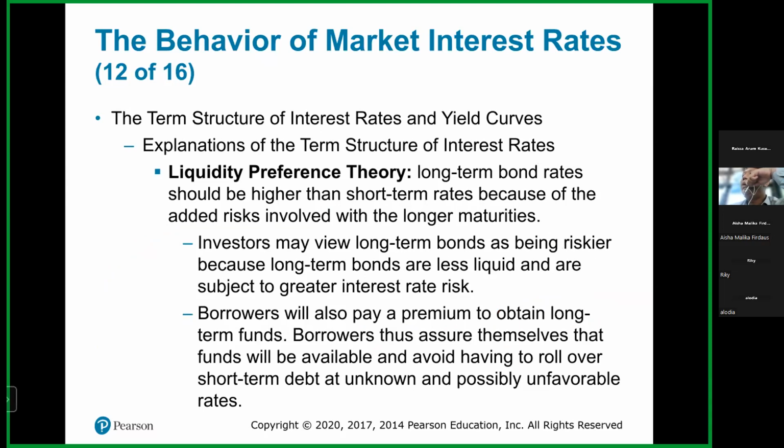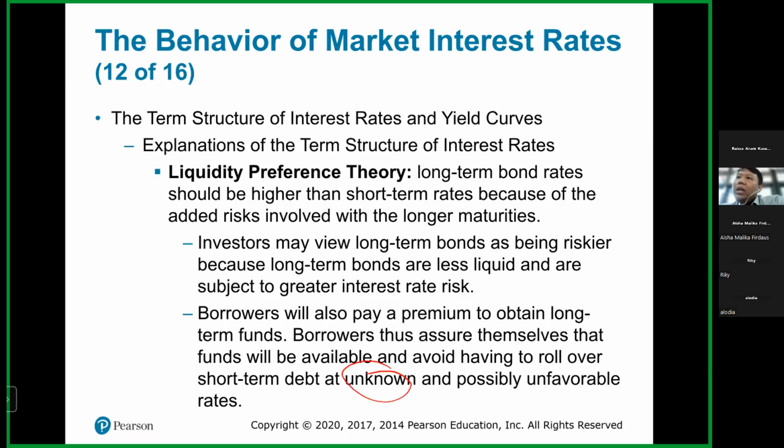So the borrower will also pay a premium to obtain long-term funds. Usually when an investor needs funds in the very long future, they will buy bonds with longer maturities and will be happy to pay a premium on it. So the borrower assures themselves that funds will be available and avoids having to roll over short-term debt at unknown and possibly unfavorable rates.